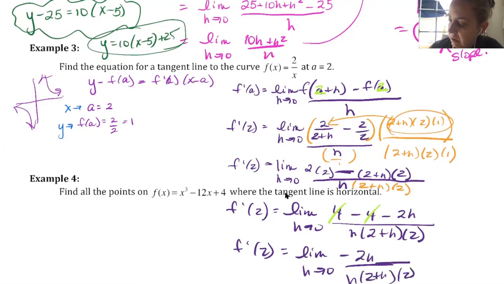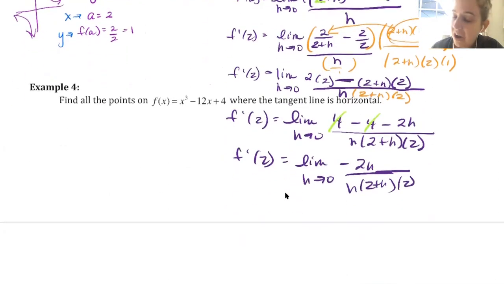Now, this is still 0 over 0. After all that work, this is still 0 over 0. So you have to ask yourself what cancels out. Those h's cancel out. That was the whole goal. You want those to cancel out. So in the numerator, I am left with a negative 2.